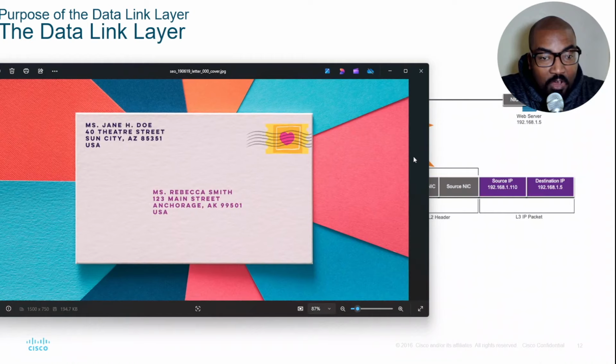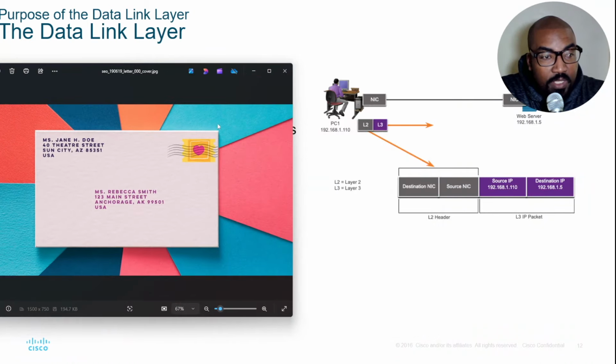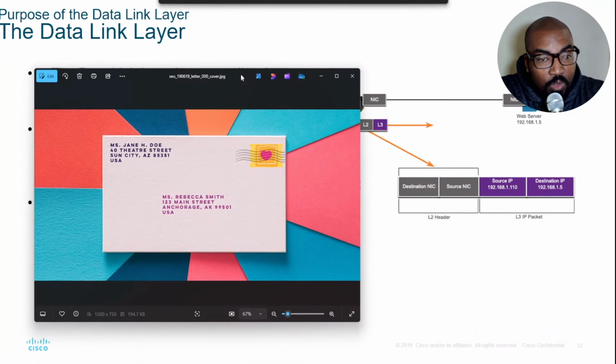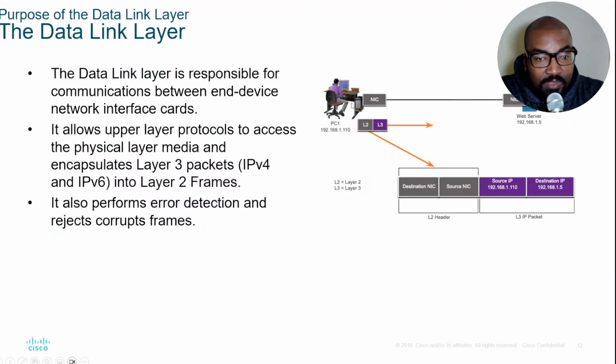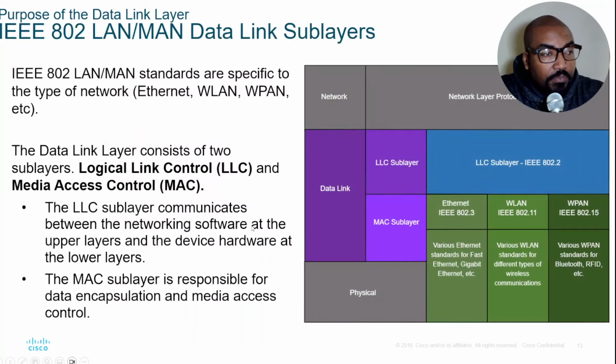I can't help but equate what we do in the real world with this information: destination, source, maybe our numbers, 123 Main Street, Anchorage. That's kind of a good comparison. It also performs error detection and rejects corrupt frames.